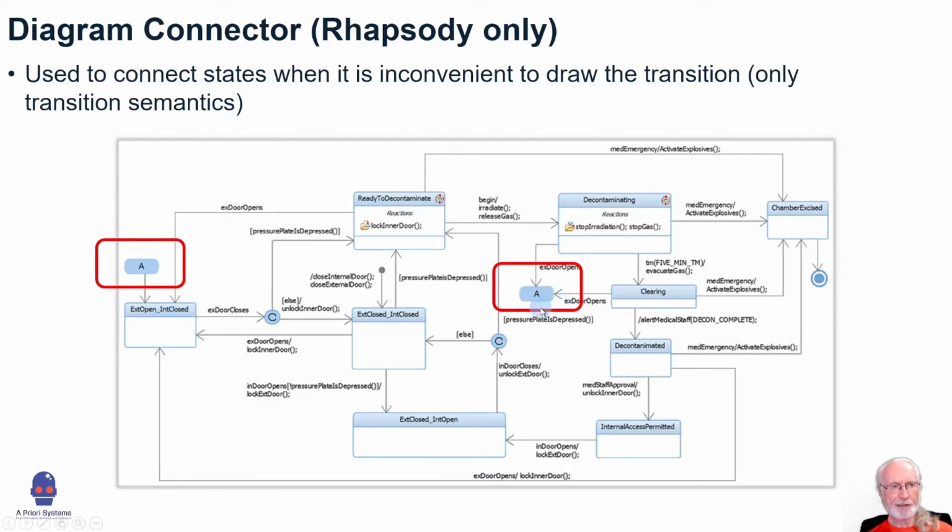So in Rhapsody, you can have a diagram connector where they enter into a diagram connector with a particular name and exit from the same name diagram connector to the target state. This allows us to have the path be defined but not have to actually draw through other paths to get there.